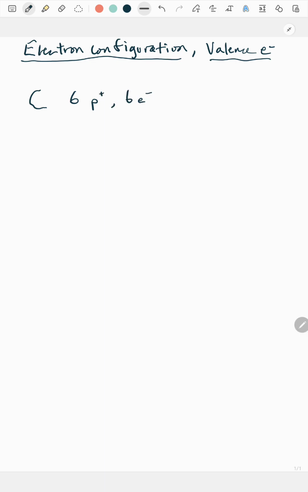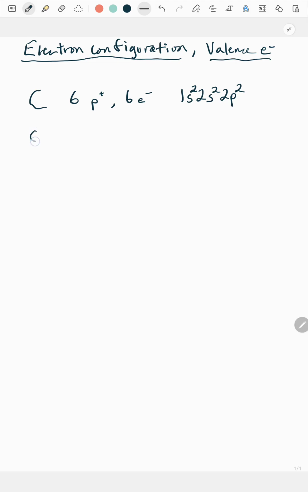The electron configuration for carbon: we have the 1s orbitals, the 2s orbitals, and the 2p orbitals. We have 6 electrons to put in, and 2 go into the 1s, 2 go into the 2s, and the remaining 2 go into the 2p. That is the electron configuration for carbon.